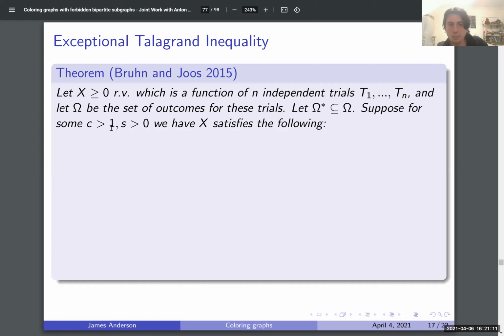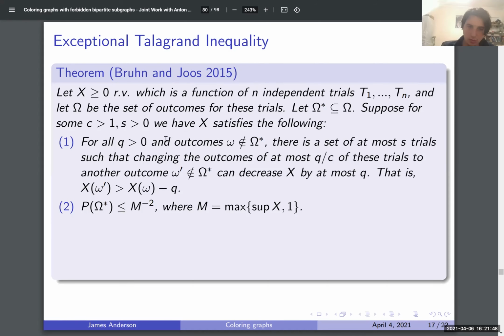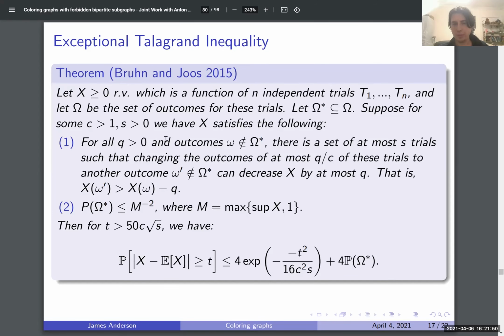If we have C and S greater than 1, and now the certificates are going to be a little more tricky, but if for all Q greater than 0 and non-exceptional outcomes, we can show that there's a set of at most S trials, so that changing the outcomes of at most Q over C of these trials to some other non-exceptional outcome can decrease X by at most Q, and if the probability of an exceptional outcome is quite small, then we get our nice concentration result.